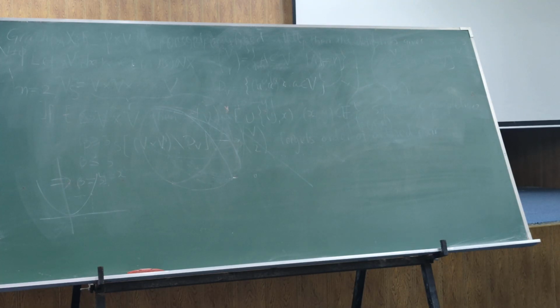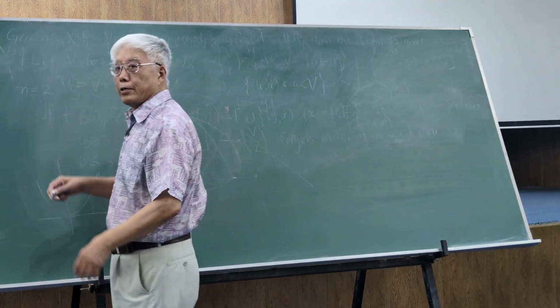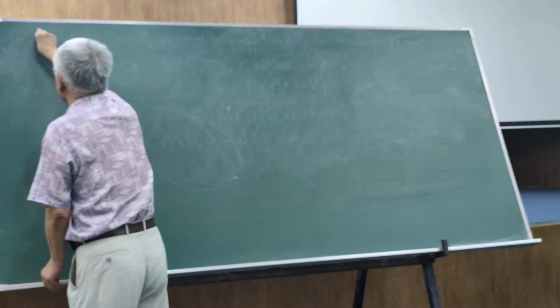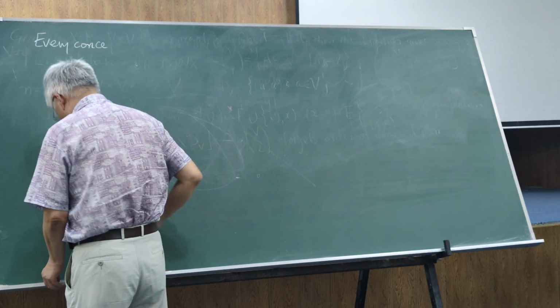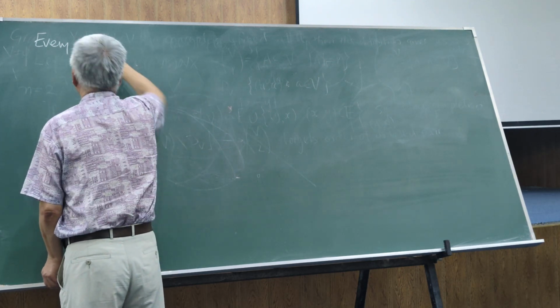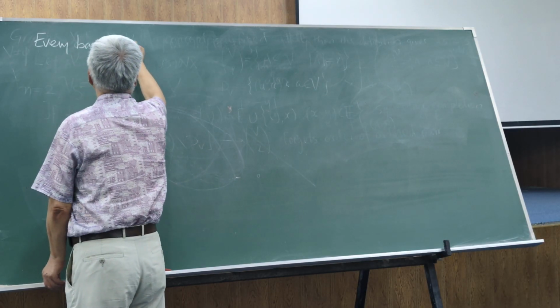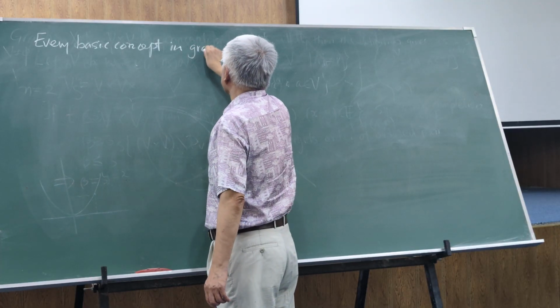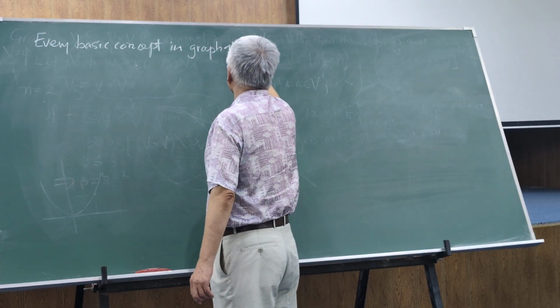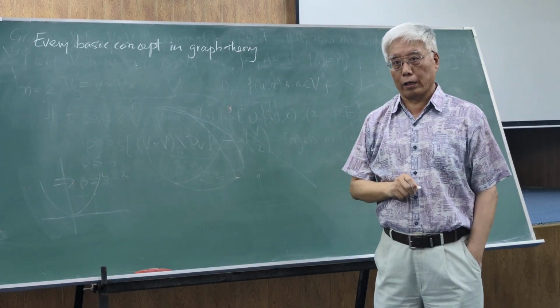Oh yes, what I was trying to say is not written here, and I suddenly thought of it. Every concept in graph theory, in all of graph theory, but let us say basic concepts, can all be presented by means of arrow diagrams.